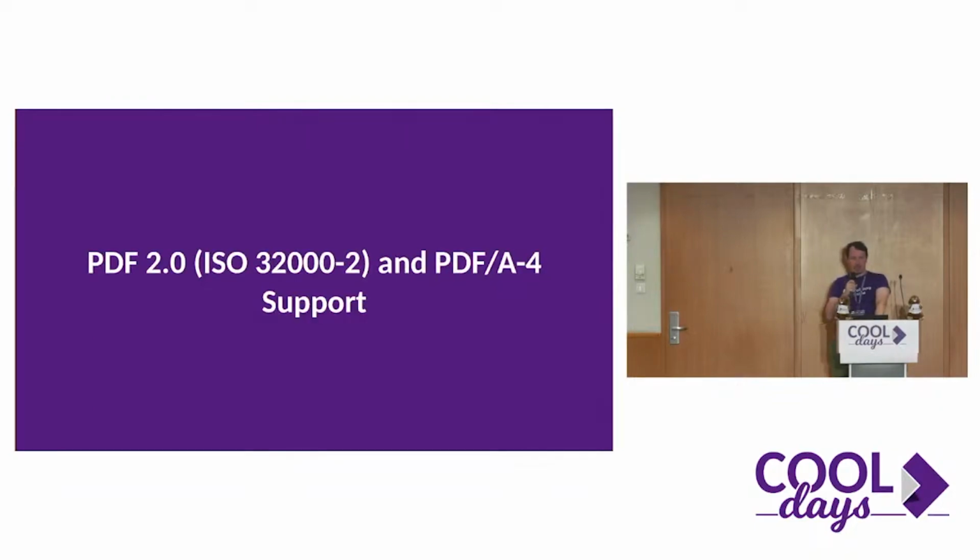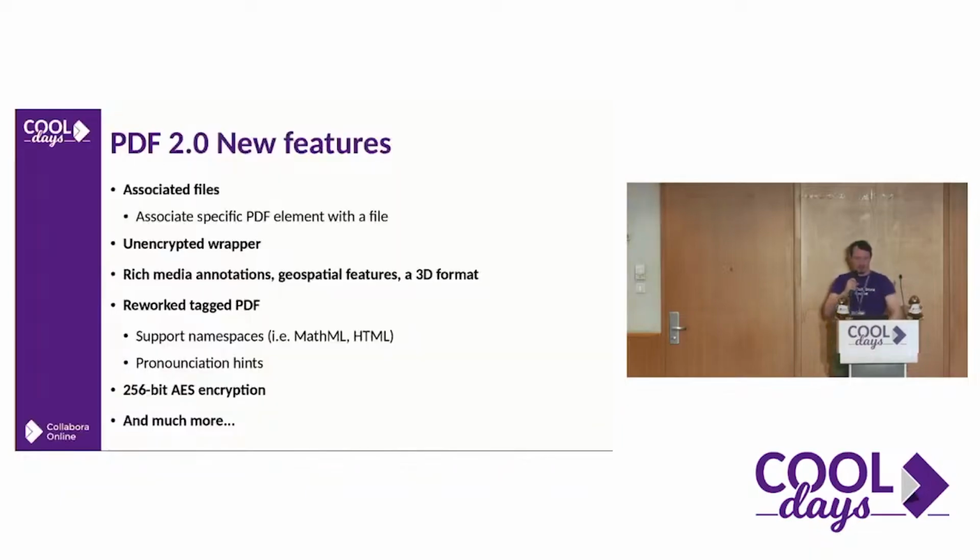The next thing is a new feature that was added: PDF 2.0 support. And because it's related, also PDF/A-4. So what's new in PDF 2.0? This is a short list of some notable changes to the previous iteration.